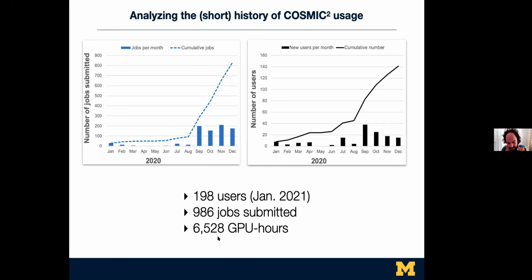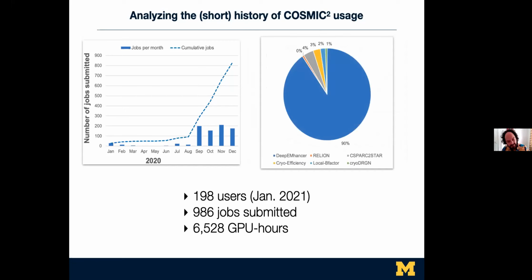As part of this, we've given away up to 7,000 GPU hours since September. What we've realized, if you look at the breakdown of the jobs that have been submitted to the supercomputing center, is that 90% of them are for DeepEM Enhancer, which is a modification tool.